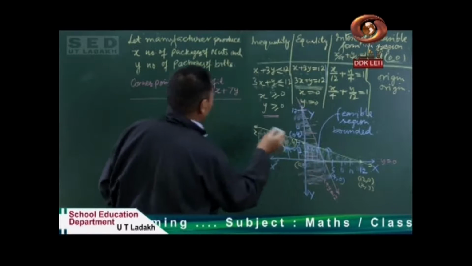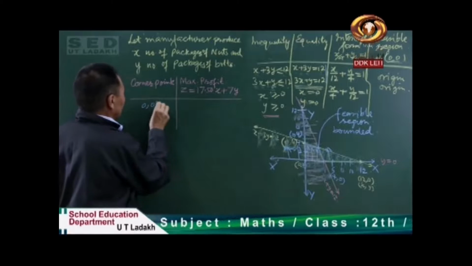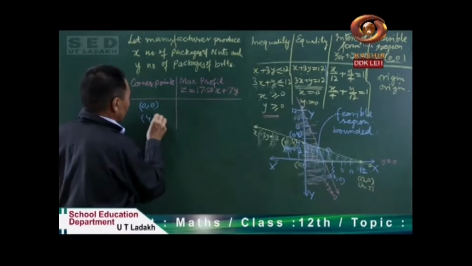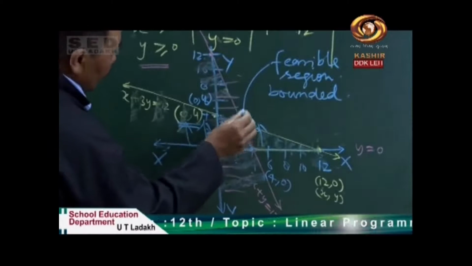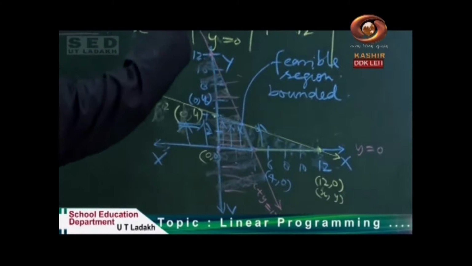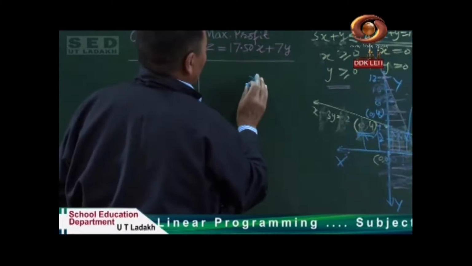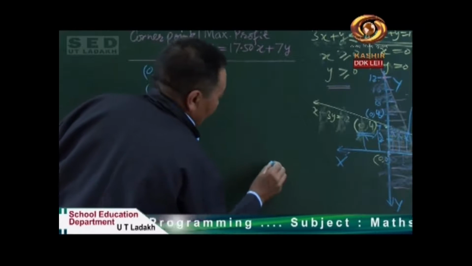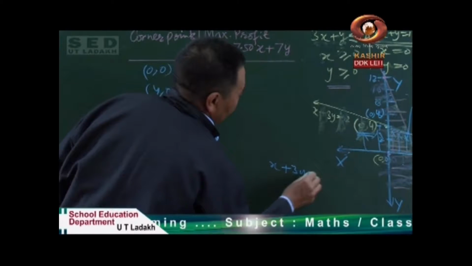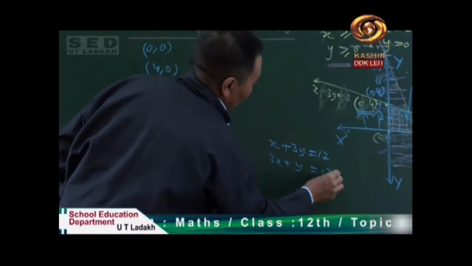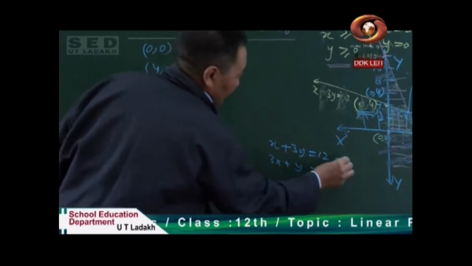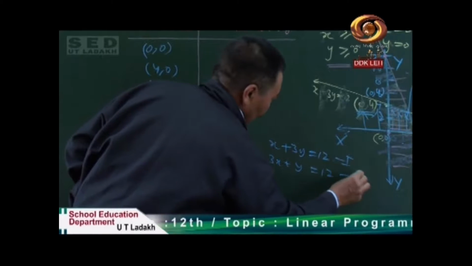So we got 3 points, that is 0, 0, 4, 0, and 0, 4. The fourth one we have to find with the simultaneous solution. x plus 3y equal to 12, 3x plus y equal to 12. This is your first, this is the second equation.